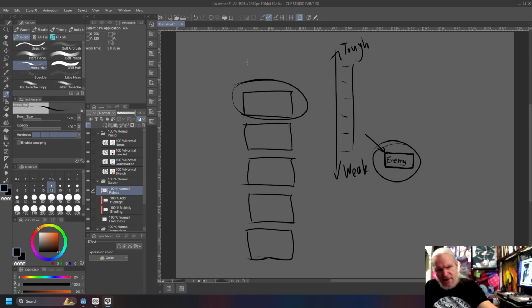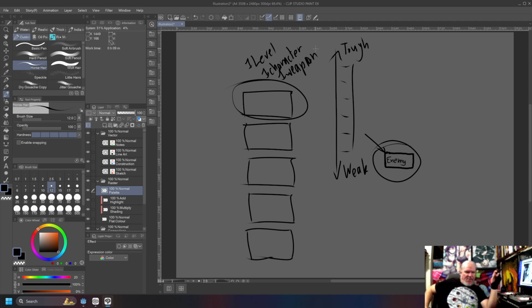I need one level, one character, and one weapon. With that, I can design what the level looks like, how the enemy behavior looks, and get a solid sense of what exactly the environment is going to look like.